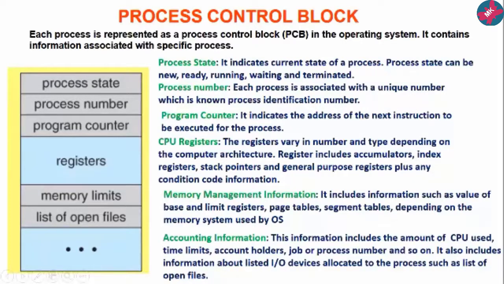So basically accounting information includes the amount of CPU used, time limits, account holders, job or process numbers, etc. It also includes information about the list of I/O devices allocated to the process and the list of open files. So this is all about the process control block.